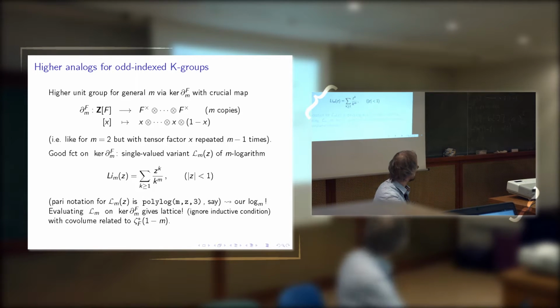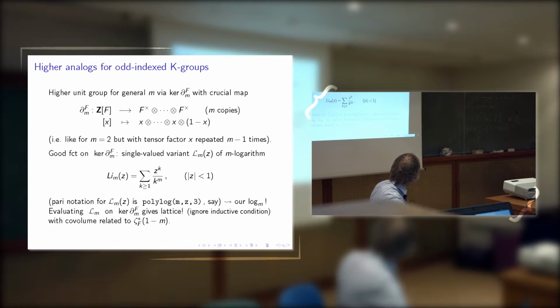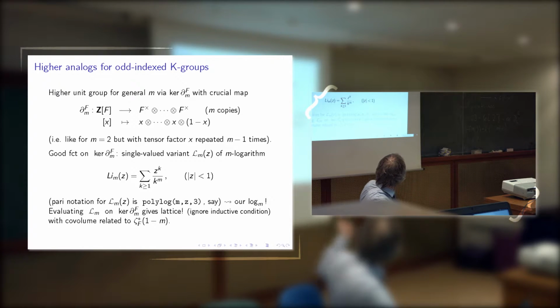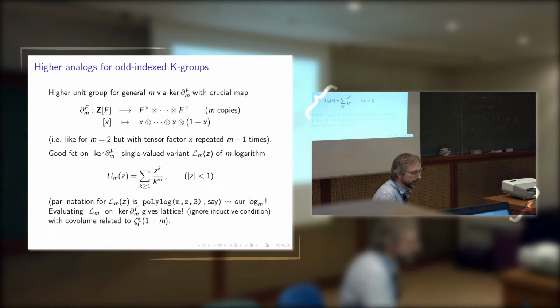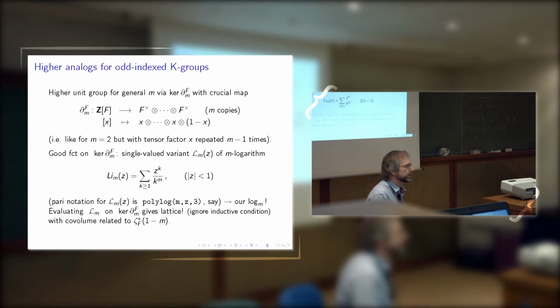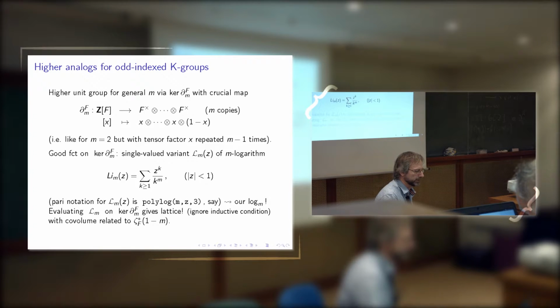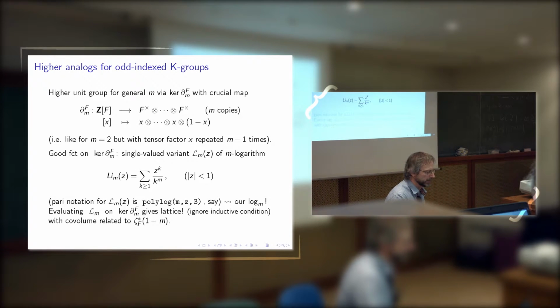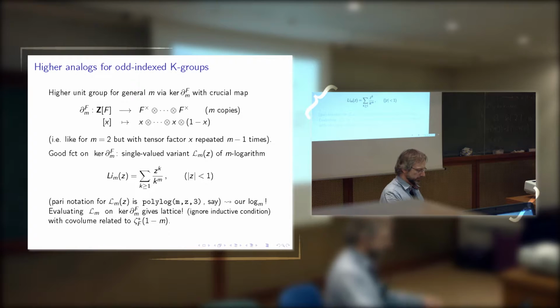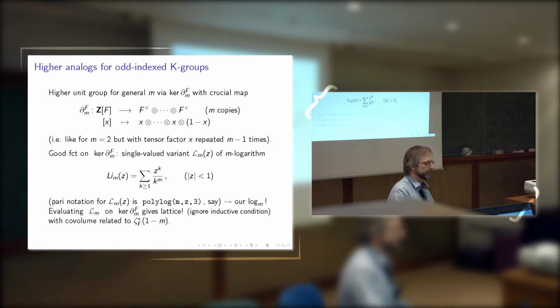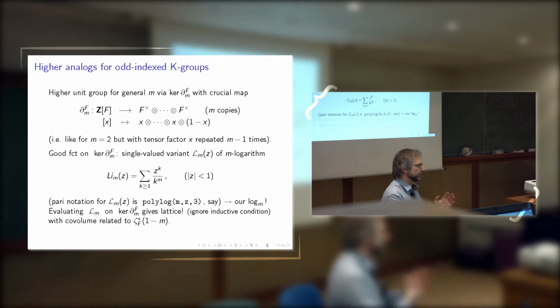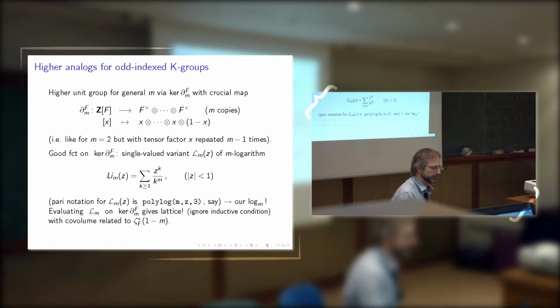If m equals 1, then obviously that is the power series for log 1 minus x, and for m in general, you can define it in the unit disk and then extend it to the complex plane by an integral representation, which we don't need here. Not only the m-th polylogarithm, but already the single-valued variant, which is a good function, has been in Paris for decades. This is our log sub m. That's the function that should enter into this higher Dirichlet class number formula.